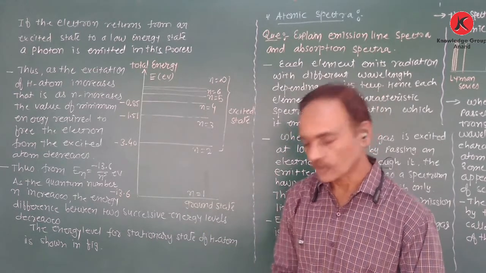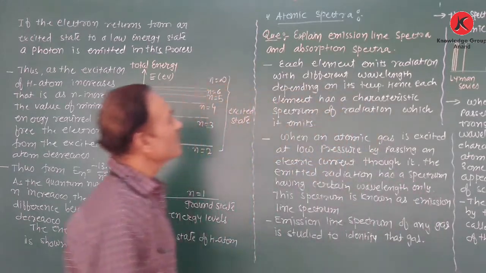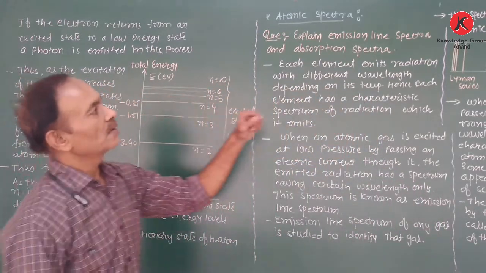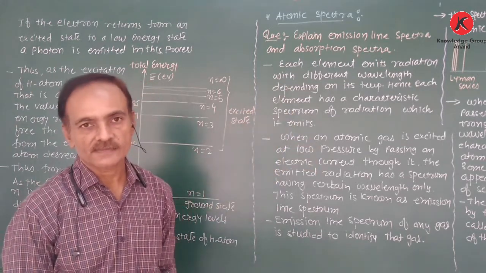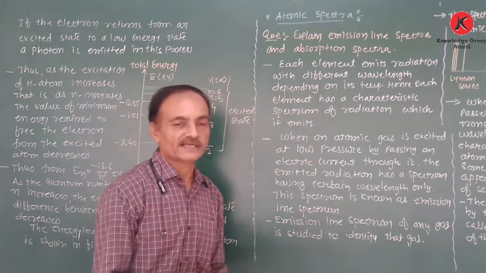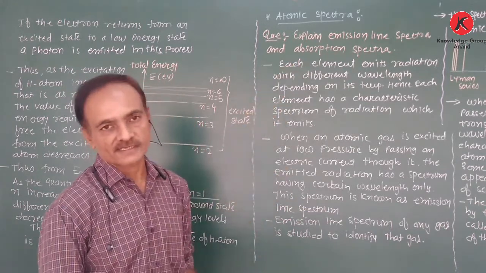After that, we start our discussion about atomic spectra. In atomic spectra, first, what are the emission line spectra and absorption spectra? First thing, what is a spectrum, either emission or absorption?